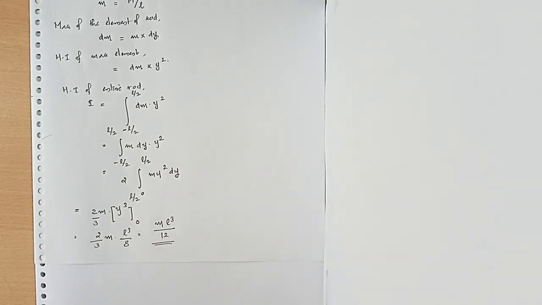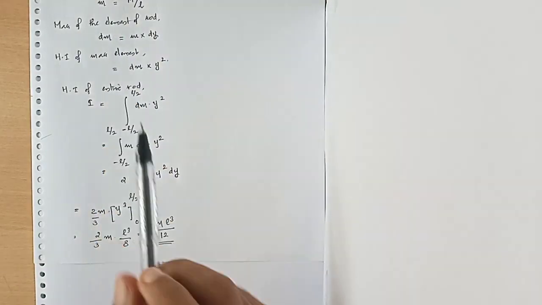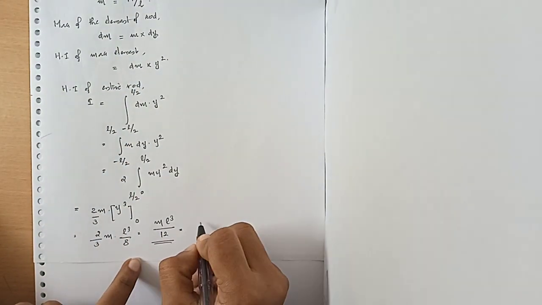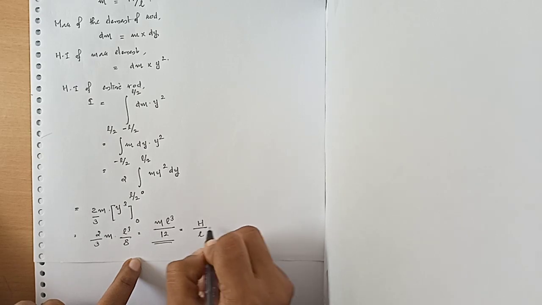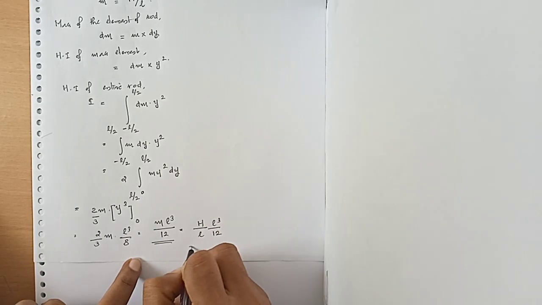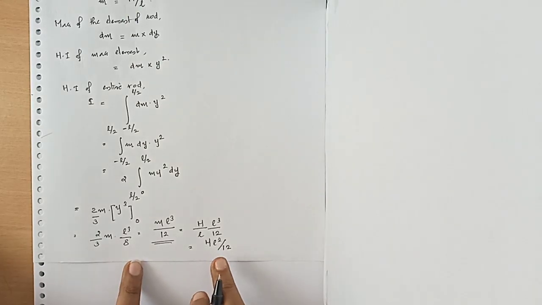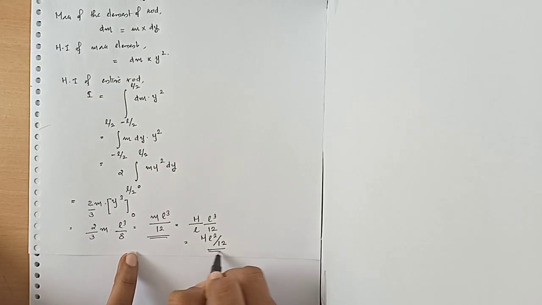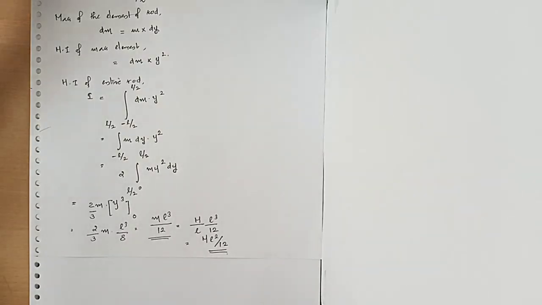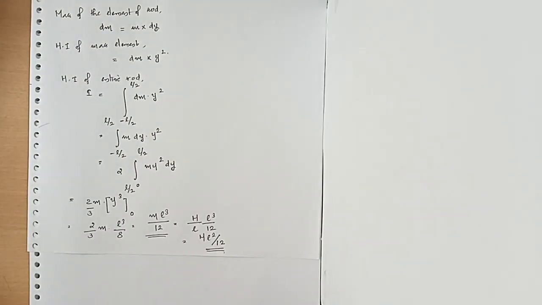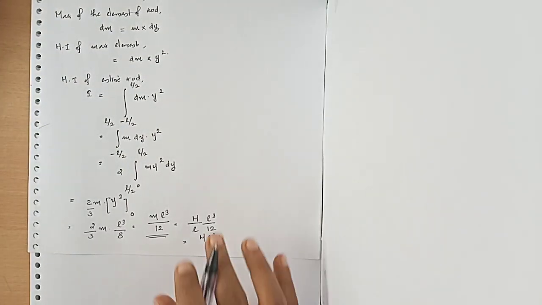To find the moment of inertia in terms of capital M, you have to substitute for small m here, which is M by L into L cube by 12, which is M L square by 12. This is the moment of inertia of the thin rod about an axis which passes through the center and is perpendicular to the length of the rod.